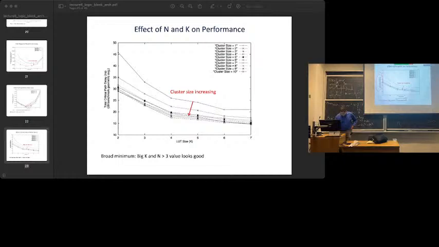And this is a cluster of size 1, so no local interconnect, and this is a cluster of size 10 down here. So basically, bigger clusters are making things faster. The local interconnect's pretty quick. The bigger they make the logic cluster, the more connections they capture on this local interconnect, so it just keeps getting better.